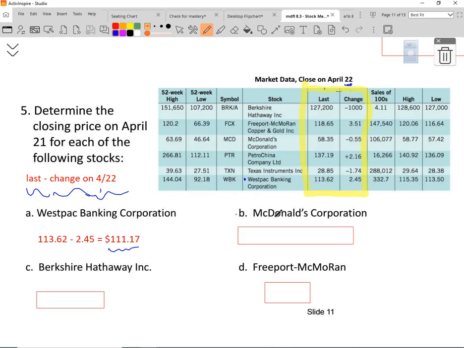The next one they ask about is McDonald's. The last 58.35, and the change is a negative 55 cents. So you have to subtract that negative, right? And so that's really an increase of 55 cents to $58.90.